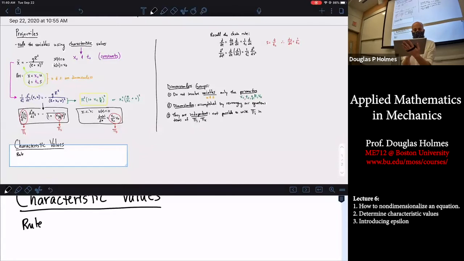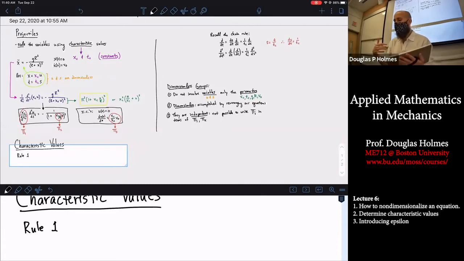This should also make sense based on the idea that the dimensionless group is so important that we need to retain it no matter what we choose for our characteristic values.